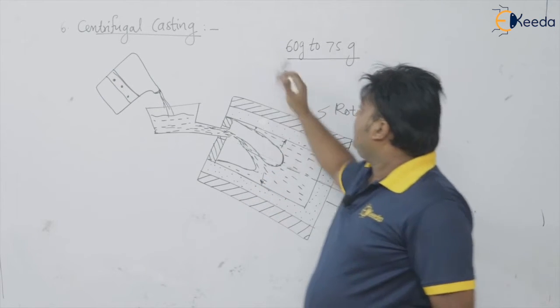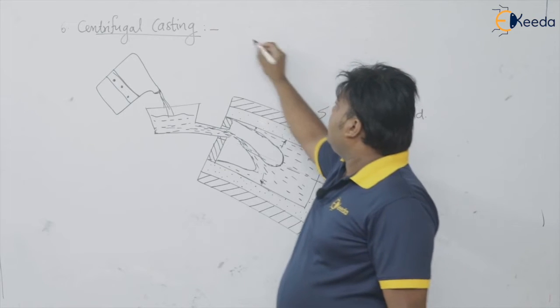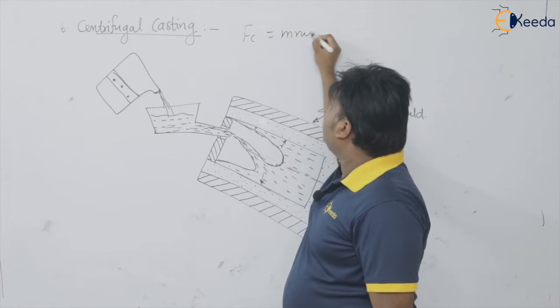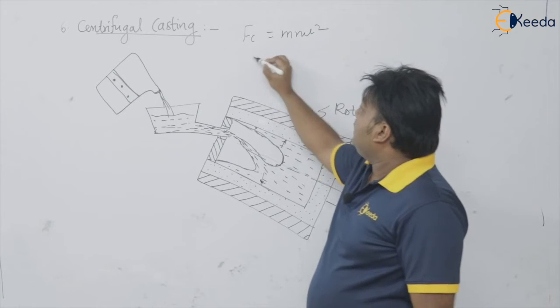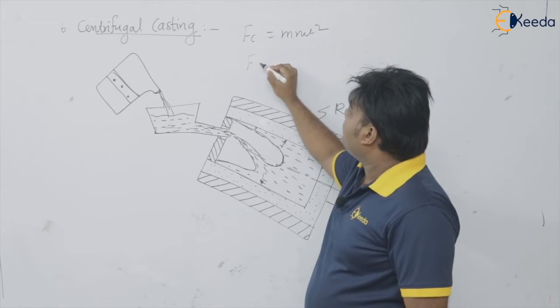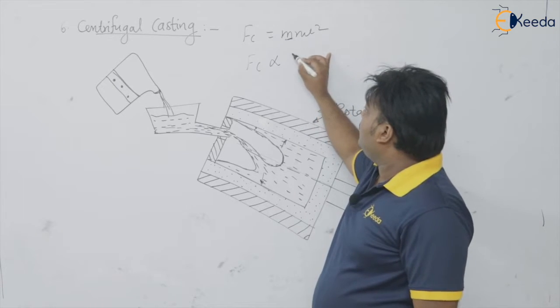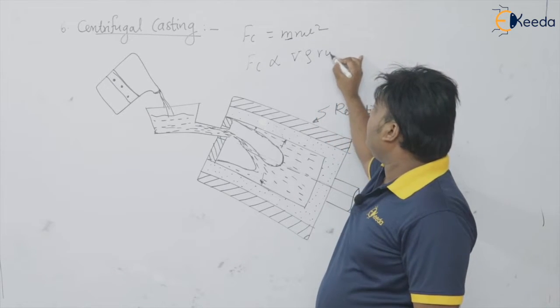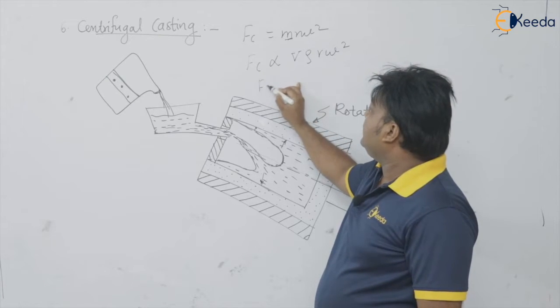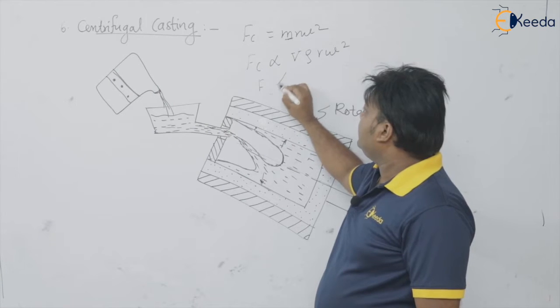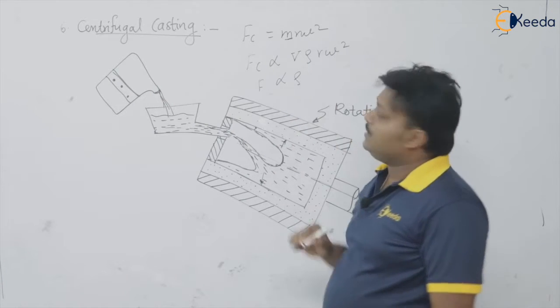A simple way to explain this: the centripetal force is m r omega squared. So Fc is proportional to mass, which is volume into density, times r omega squared. So the centripetal force is proportional to the density of the material.